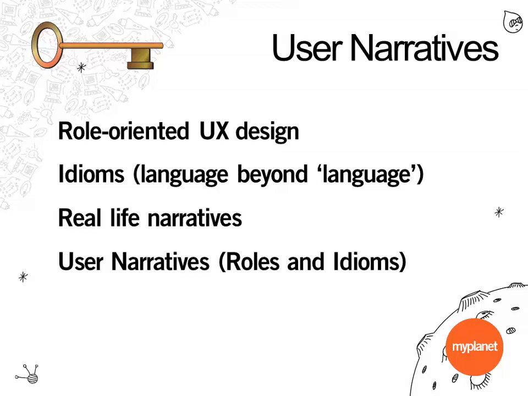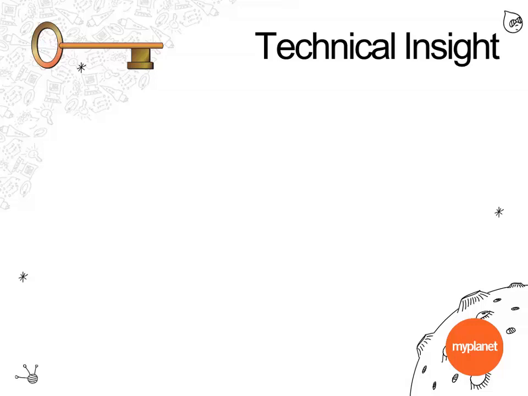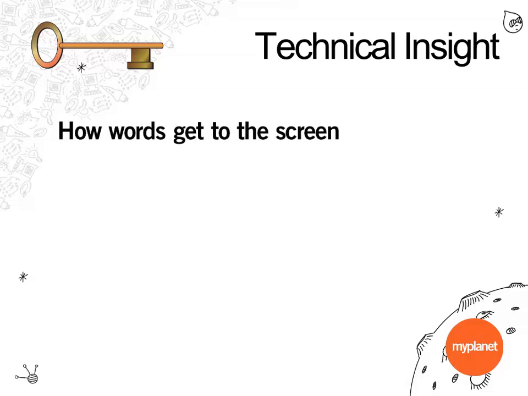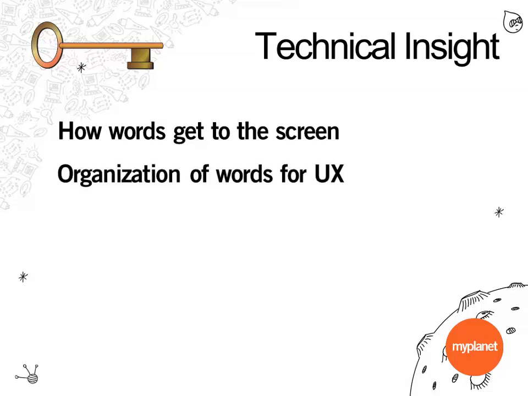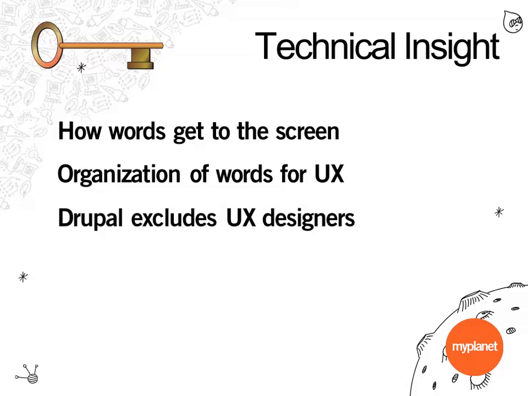So the second key is some critical technical information that helps explain things that would be useful. If you care about how words get on the screen, I want to show you how that happens from a technical point of view. It won't be complicated, it won't be deep, it won't be difficult. I guarantee you'll be able to understand it. And I also want to talk about how, from a user experience design point of view, it's really important to organize the words that get on the screen, because that's part of the dimension of user experience design.